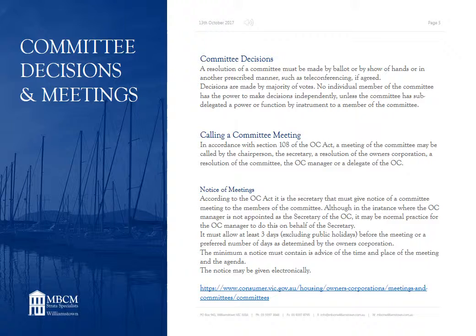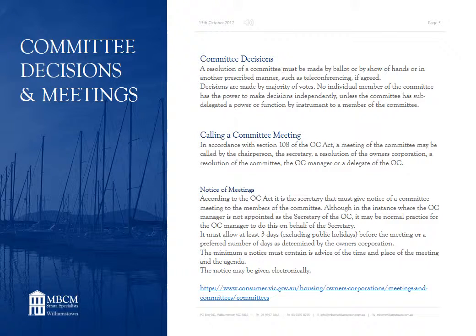We have a little bit about calling a meeting, and that's in accordance with Section 108 of the Act, and also the notice of meeting. So just making sure that the secretary is allowing 3 business days, excluding public holidays, for the committee to attend. That notice obviously can be given electronically as well.